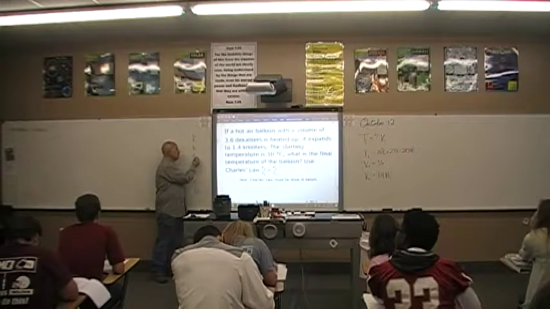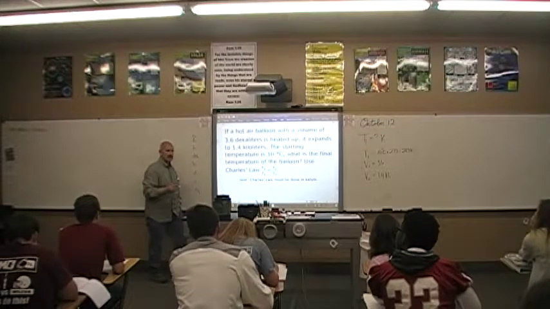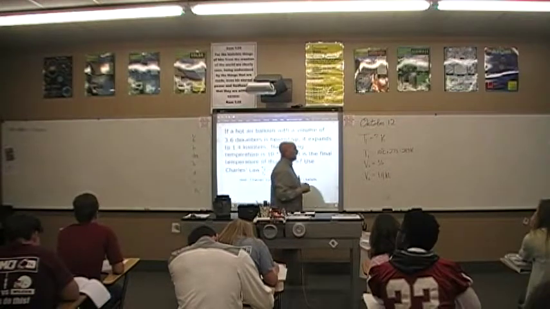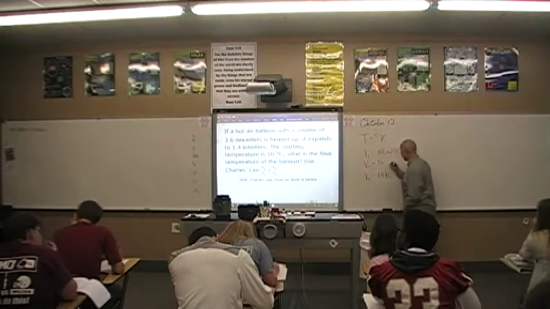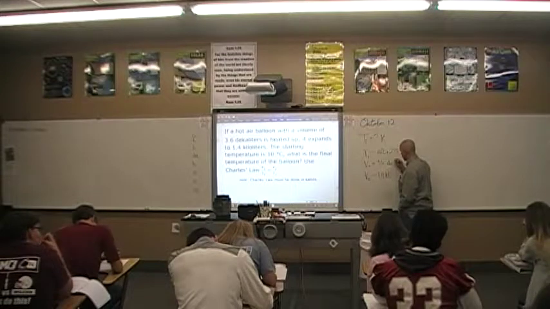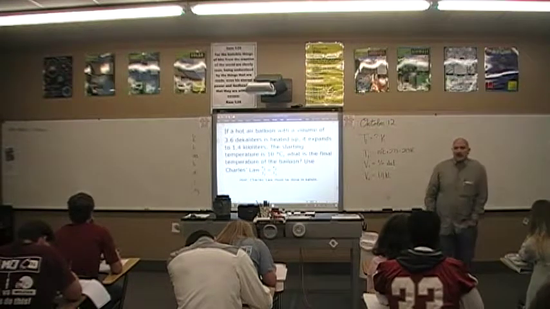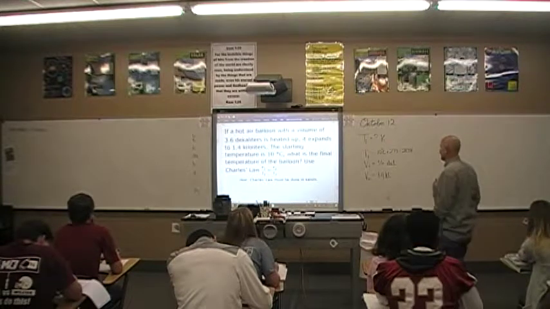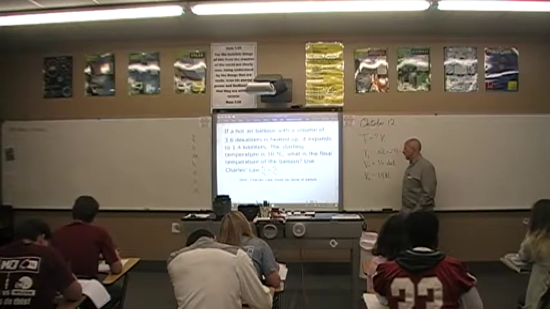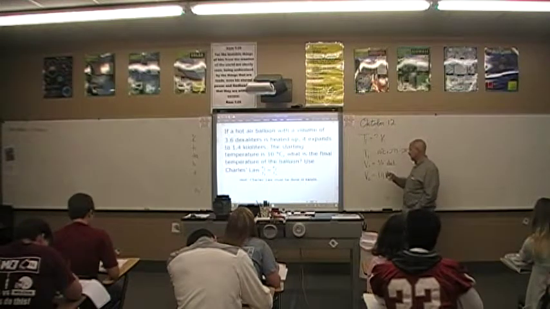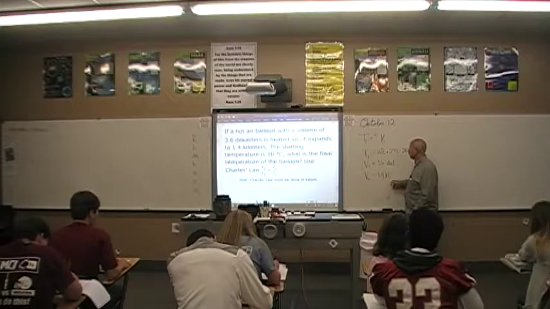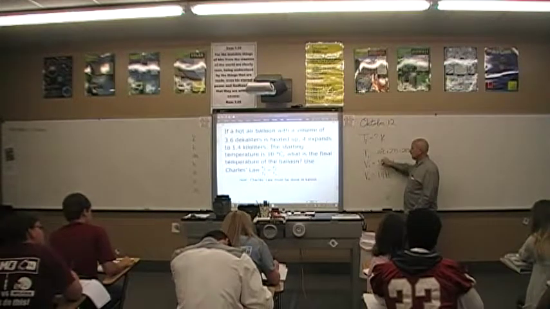So we always use DA, as Olivia said, for deca. So decaliters is going to be small d, small a, capital L. This is why I never gave this one back to you. There's a few tricky things on this one here that some of you didn't know. So decaliters, kiloliters, Kelvin, and we're ready to go.